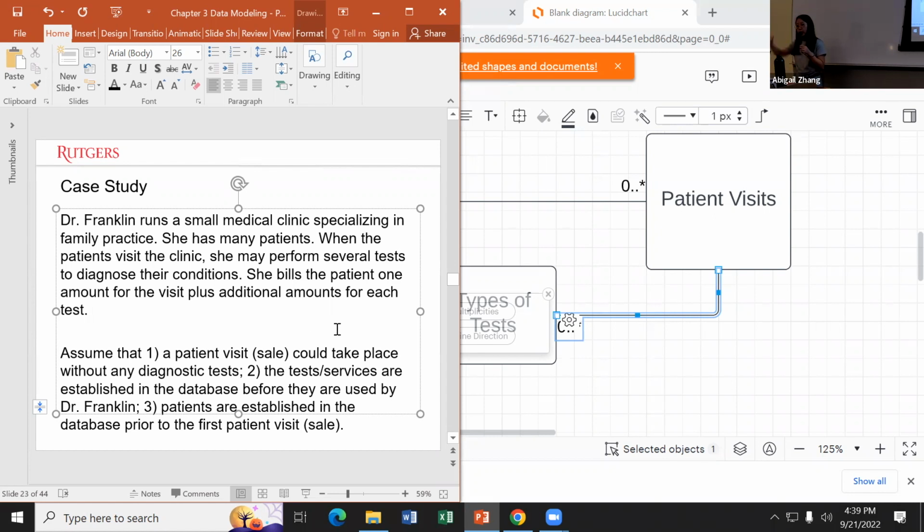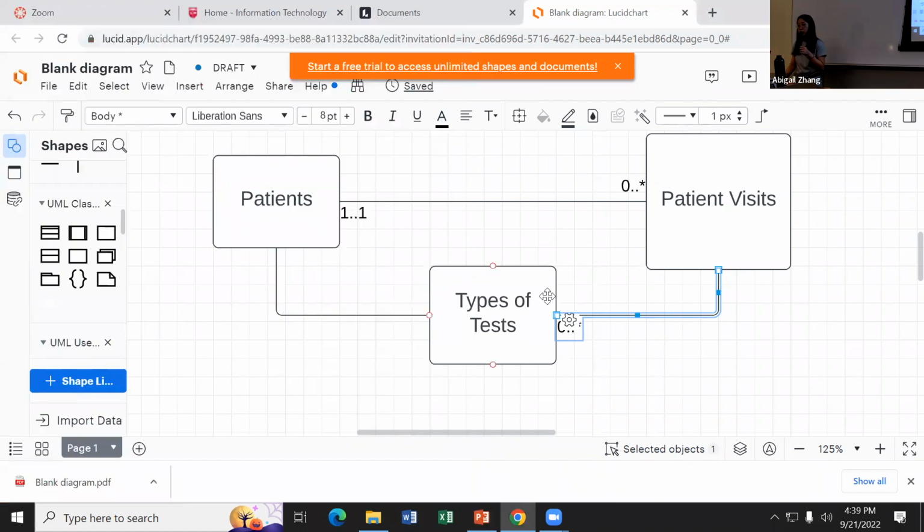And so that means we have all these types of tests already established. But some of these tests, because these are so rare, right? So they may not be actually applied to any patient visit. So that is why here, based on the description, one type of test may associate with a minimum of 0 patient visit.